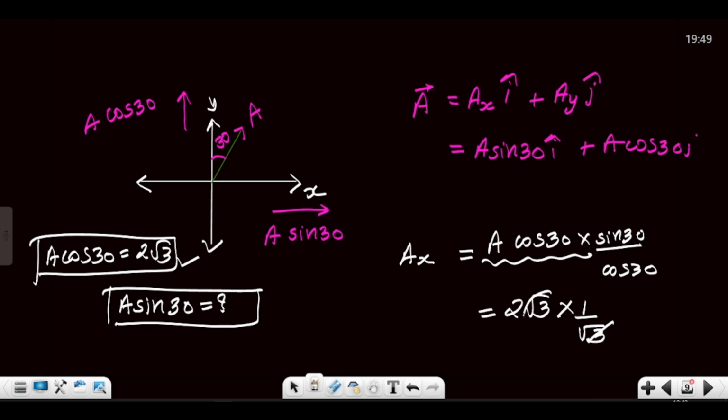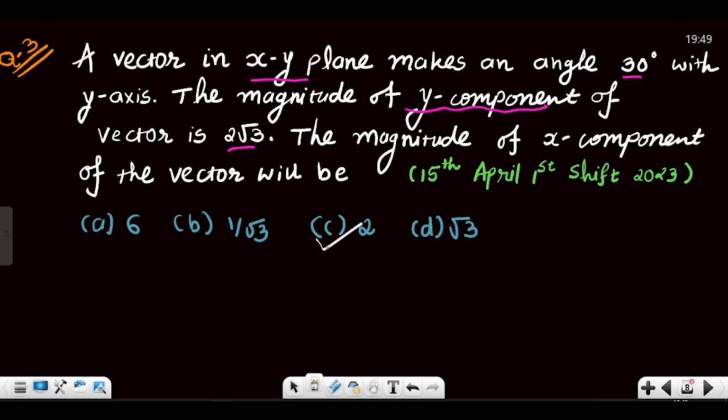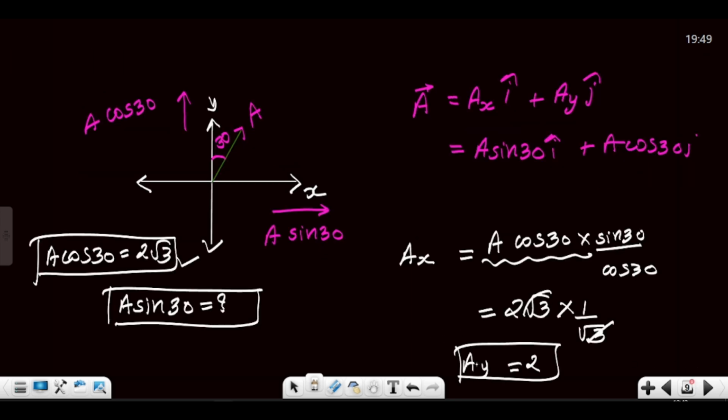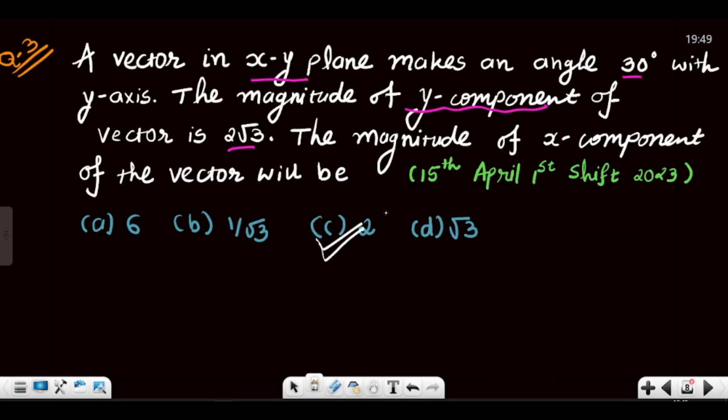So root 3 and root 3 are gone. So our answer is 2. Not ay, my mistake. The ax is 2. Ay is 2 root 3. Ax is 2. So our answer, the x component, is 2. This question was asked on 15th April, first shift, in 2023.